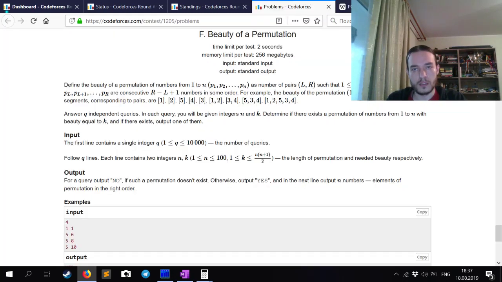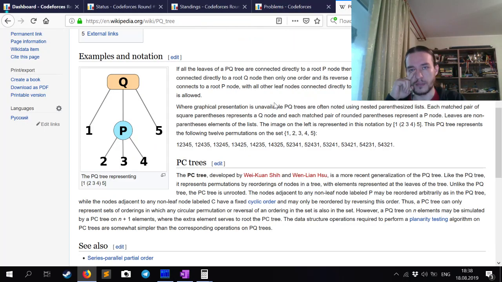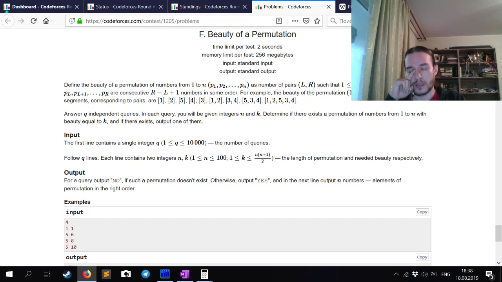So this basically has something to do with this structure, we are figuring out which subsegments are possible, sets of subsegments, and they kind of form this structure that's similar to the PQ tree. But then, given a PQ tree, can we construct a permutation that does not have any additional segments, is the question.